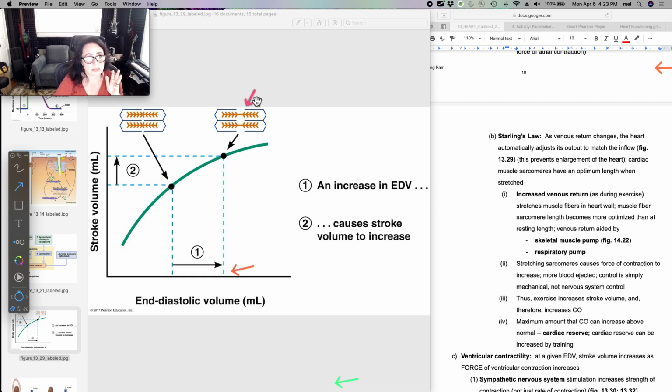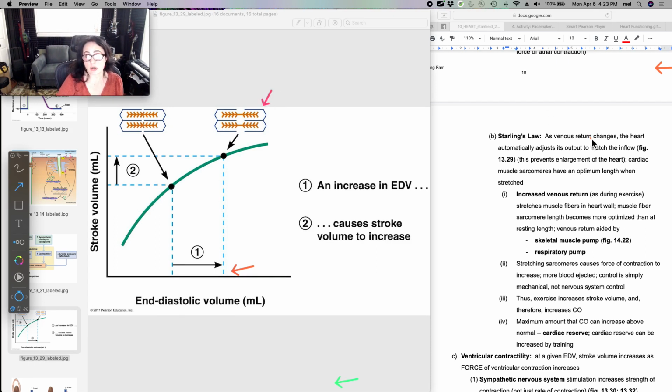Can you see that just theoretically between this one and this one you have more access to cross-bridge cycling? So what's the deal with cardiac muscle is that cardiac muscle sarcomeres actually contract better when they are stretched than when they are not stretched.